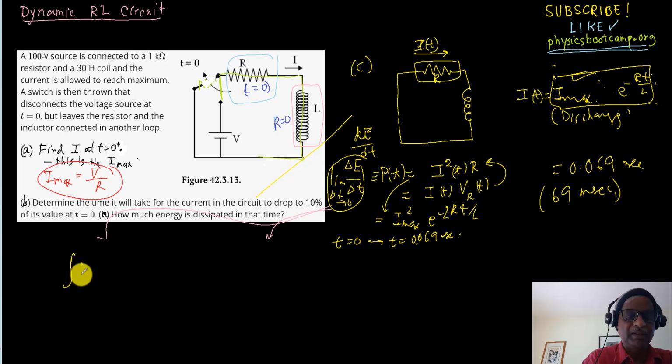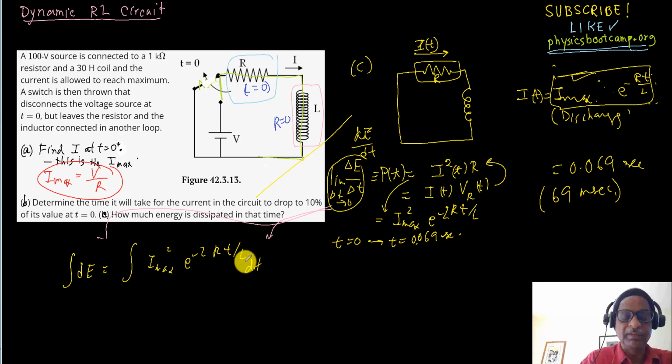So dE equals I max squared R e to the minus 2 R t over L dt, and it's going to be 0 to this time. Let's call it big T. And so this is the delta E.